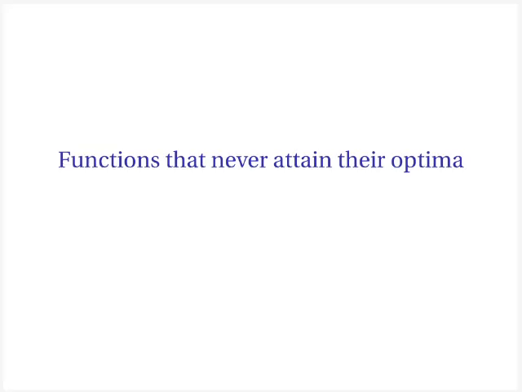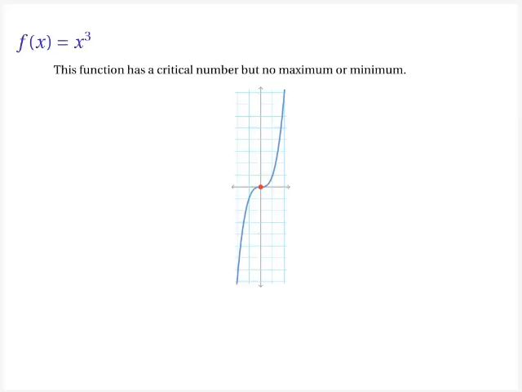Okay, so I want to talk about the phenomena of optima, and say some things about it. We've spotted that if we want to find optima, we'll look among the critical numbers, but there are some things to say about optima. First of all, this function, a very familiar function of course, has a critical number, but no maximum or minimum.